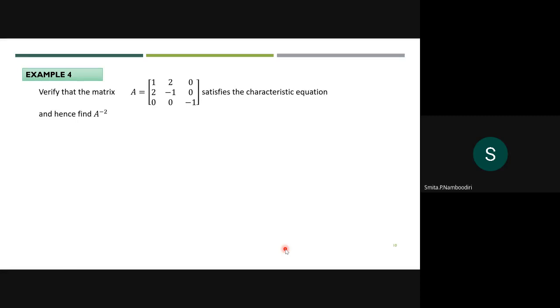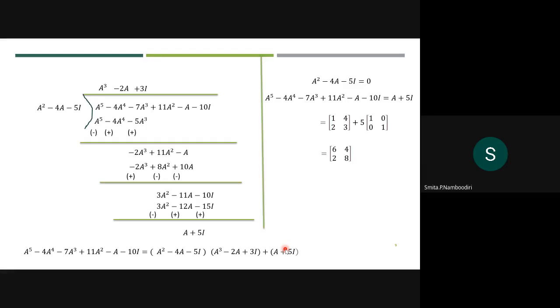Previous slide, okay. चेक कर लो, कुछ रॉन्ग है तो बताओ मुझे. As typing errors may be there, so please let me know if there are any mistakes.